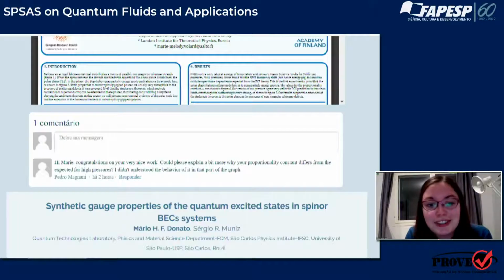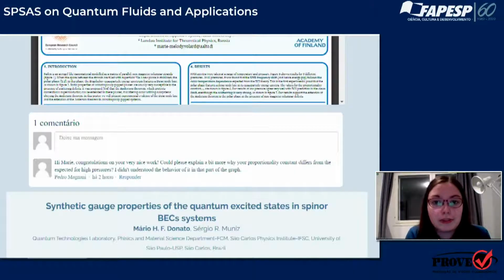So thank you for the question. And this is not the first time I get this question. And the reason why there is no explanation provided in the poster is that we simply do not know. So this is new physics that we found. So we tried to do some correction to our calculation, which is shown in the graph, but the equations that we knew of still were not enough to explain our actual results.